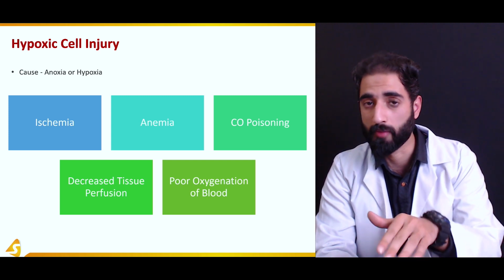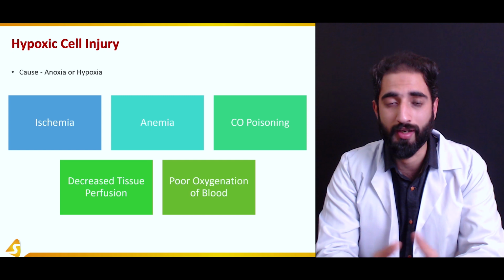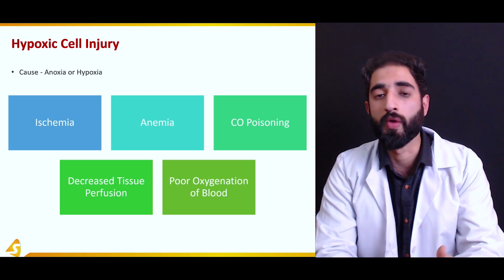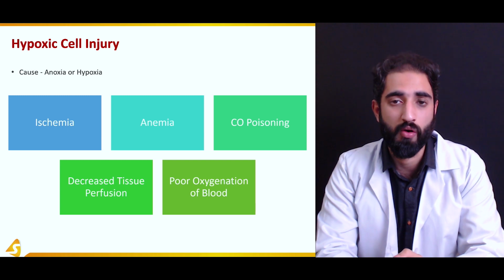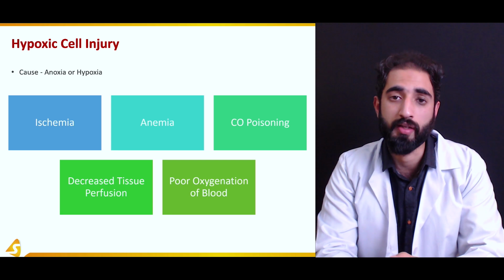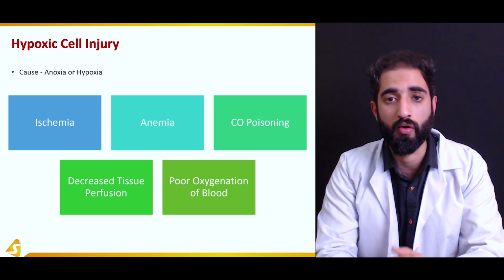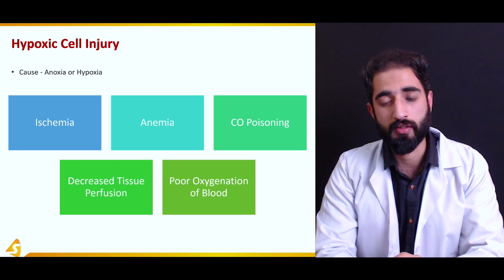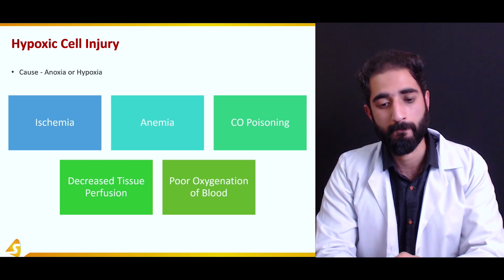Even though the blood reaches the area where the oxygen is required, the hemoglobin is bound with carbon monoxide instead of oxygen, and thus the cells do not get the oxygen which they require for different processes, and that leads to anoxia or hypoxia.